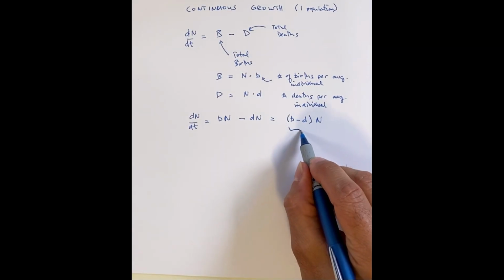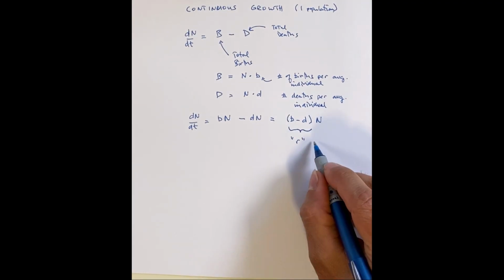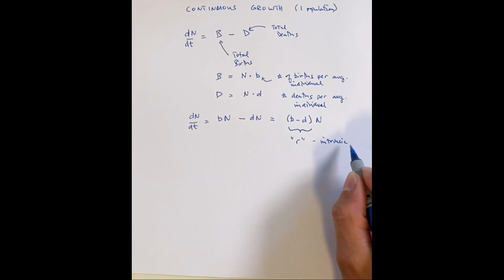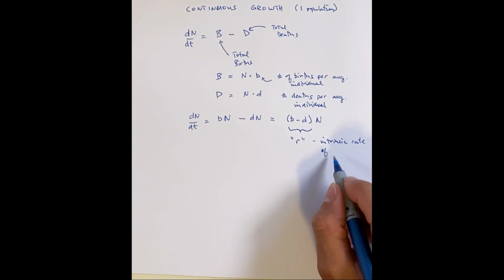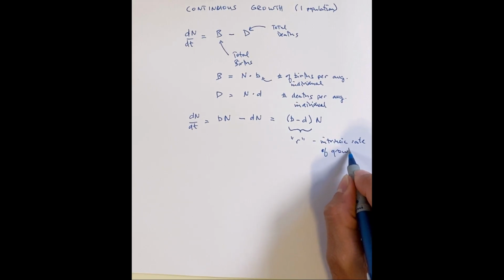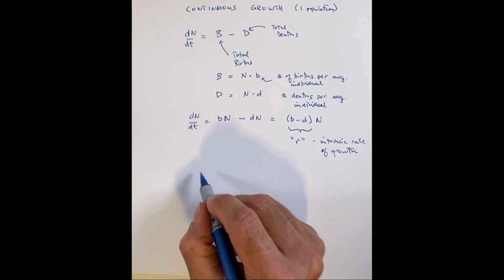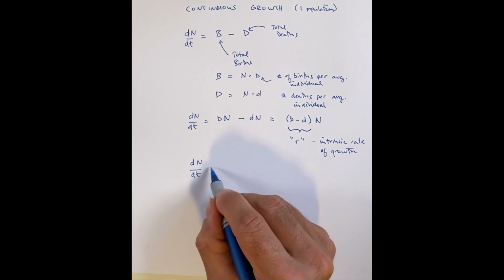We can group like terms together, and that b minus d is what we refer to as the intrinsic rate of increase. So this is the population growth rate of this population. If you take this little r and multiply it by the population size, you could figure out what the rate of growth of this population is.